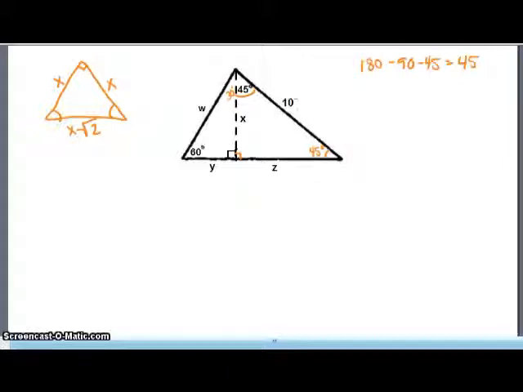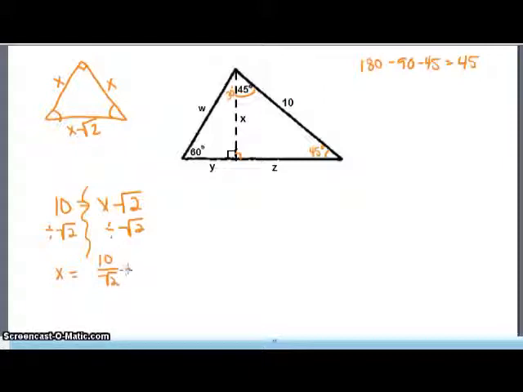So if 10 is equal to this x times the square root of 2, we can just solve for x to figure out what the side is. So 10 is equal to x times the square root of 2, and then you can just divide by the square root of 2 on both sides. And you'll get that x is equal to, I'm switching these around, but that's okay, 10 over the square root of 2.